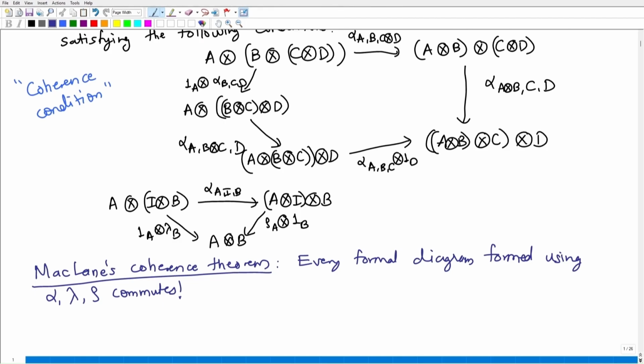MacLane tried to sell this idea, and he said every diagram formed using alpha, lambda and rho commutes, but that's not true. There have to be some conditions on the diagrams formed. If you are interested, you can look up a stack exchange problem, where you will find a particular diagram which is not formal, so it doesn't commute.